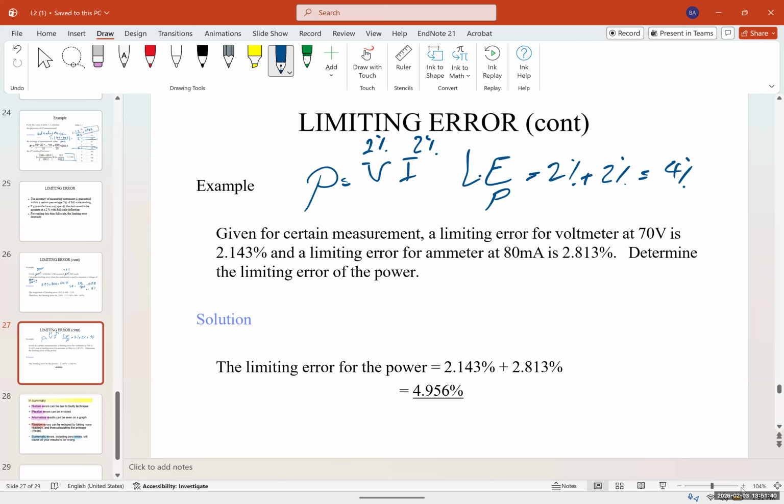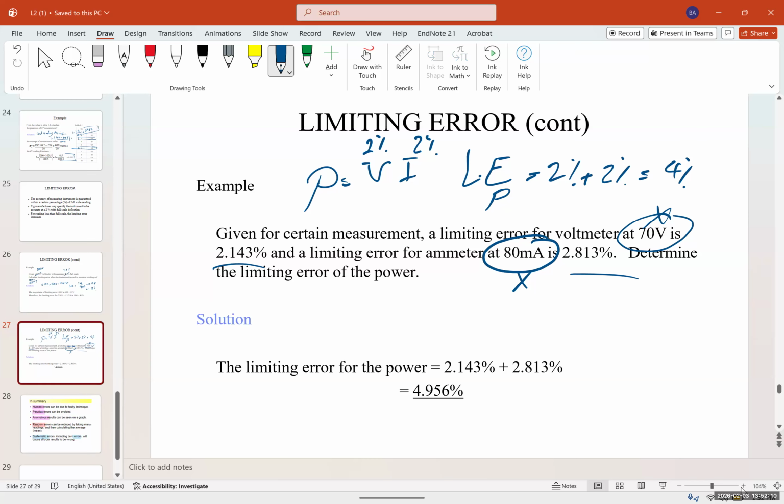So the limiting error for the power is going to be the limiting error of the voltage, which is 2.143, plus the current, which is 2.813, gives us 4.956%. So the voltage and the currents are just for distraction. It doesn't mean anything. The important part is just the limiting error.